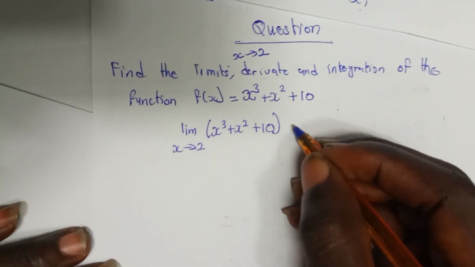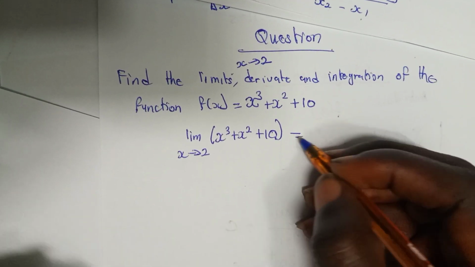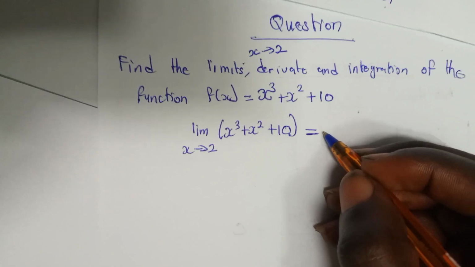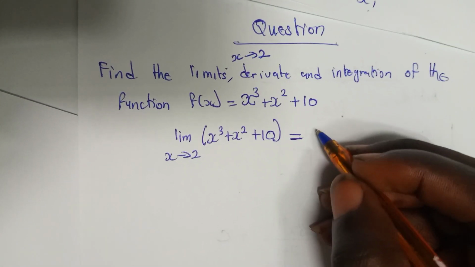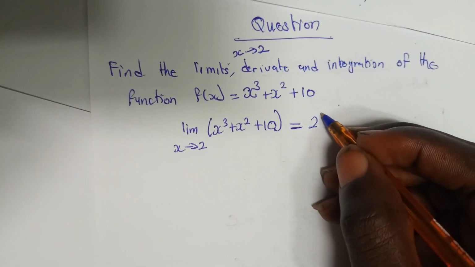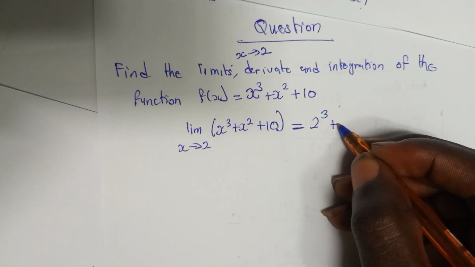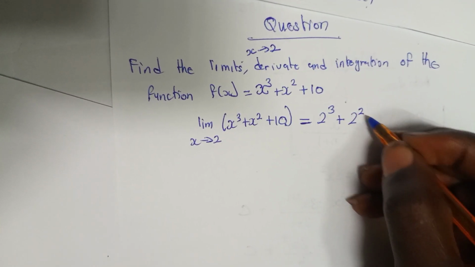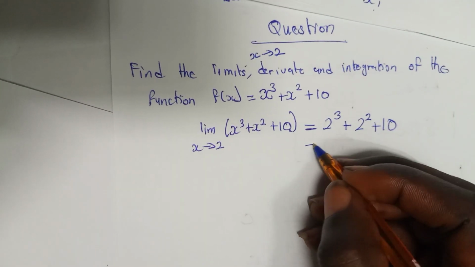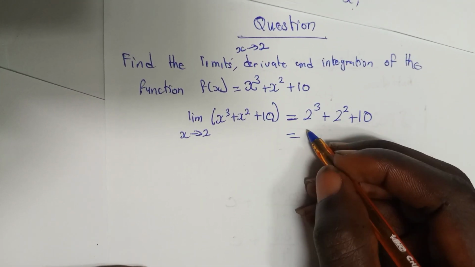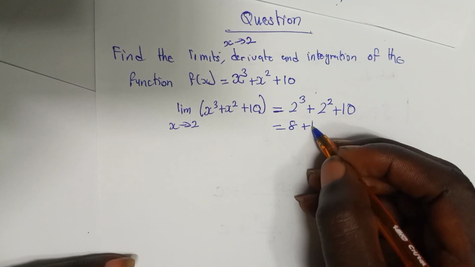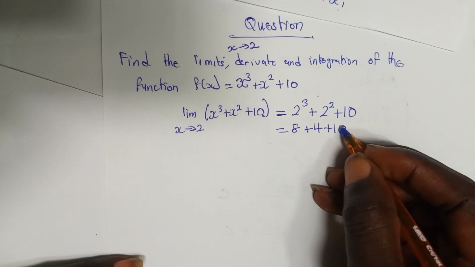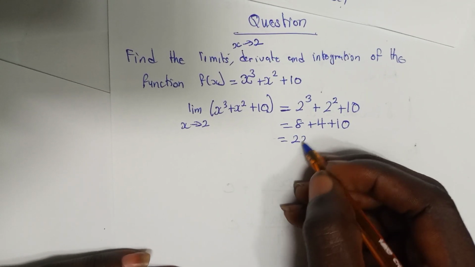You just substitute in the values of x. So we are going to get 2 exponent 3 plus 2 exponent 2 plus 10, which is 8 plus 4 plus 10, which is equal to 22.